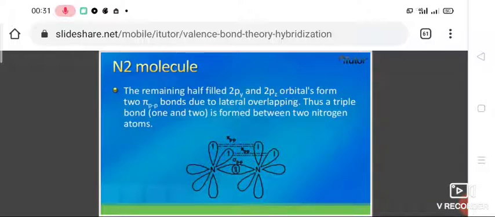See, this middle one is the sigma bond, and the other two are pi bonds. That means 2py and 2pz form pi bonds and 2px forms the sigma bond.